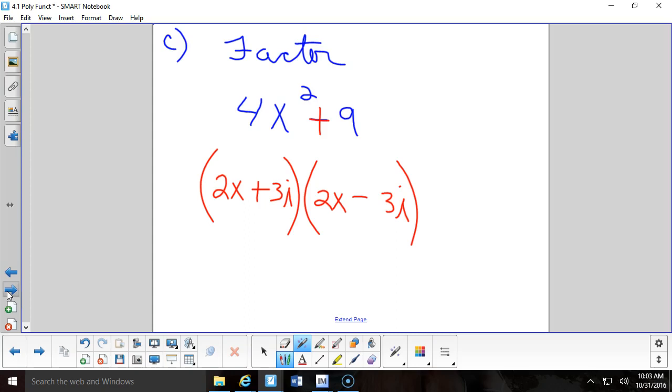Because otherwise, you can't have one plus and one minus to get this positive value here. But this gets you the other minus, which makes it come out positive then.